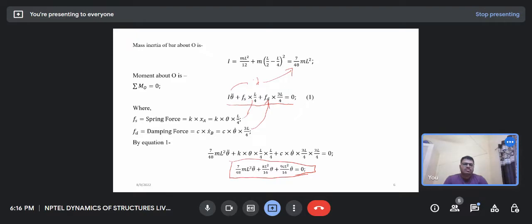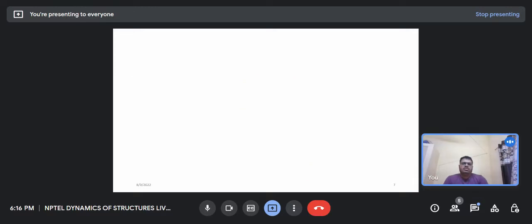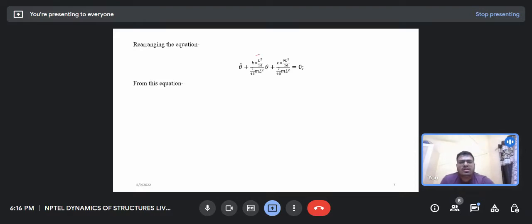That would also be k by m. Let us look at what we have got. I have divided this equation by m on both sides, so this term represents omega n square. Okay, so that is 3 by 7 into k by m. So it will be the square root of 3k by 7m.